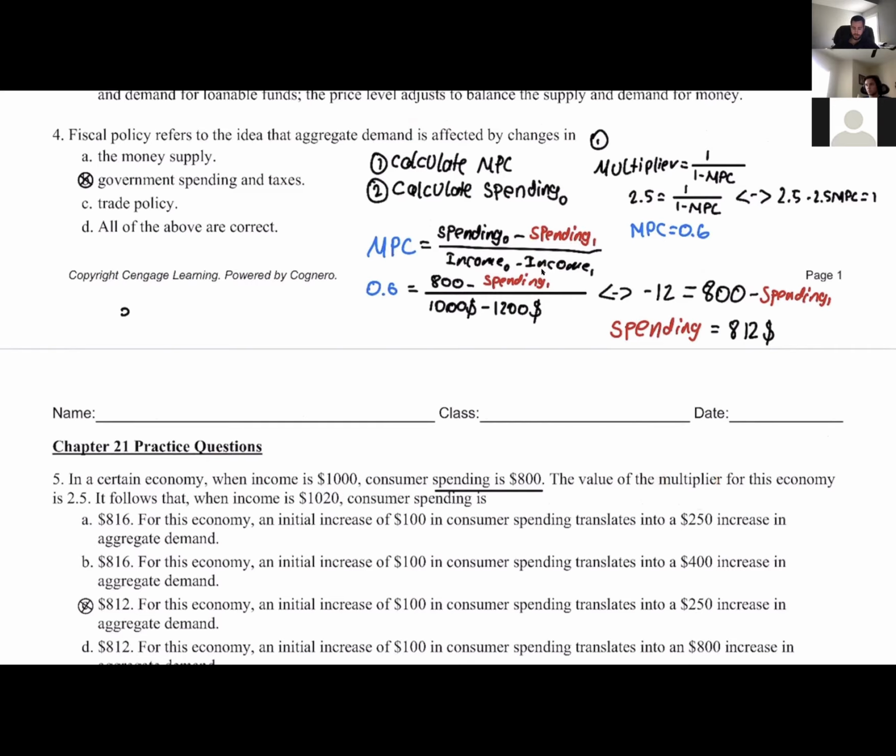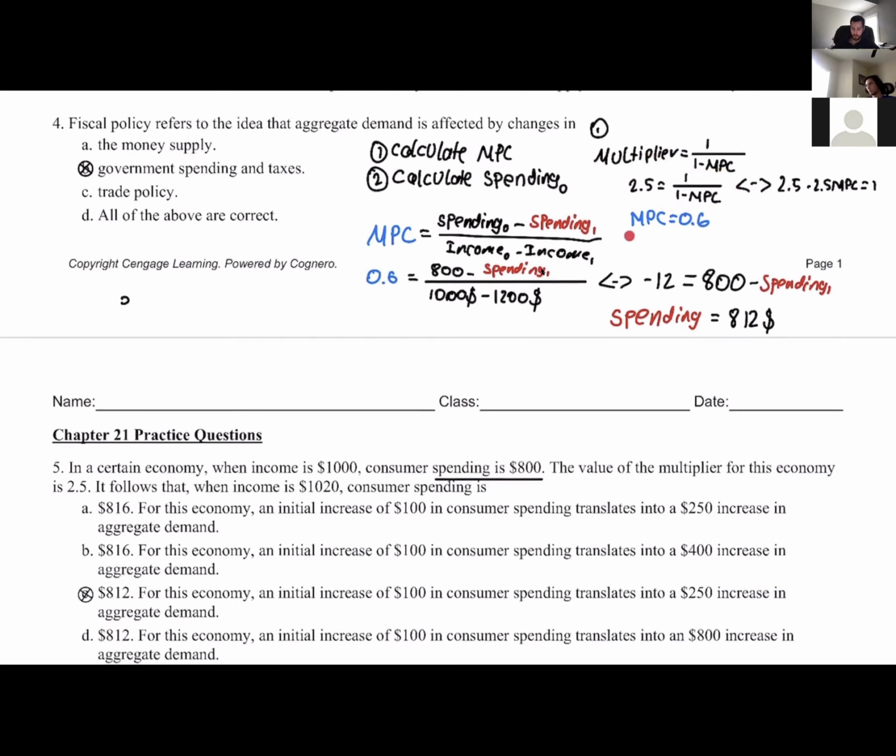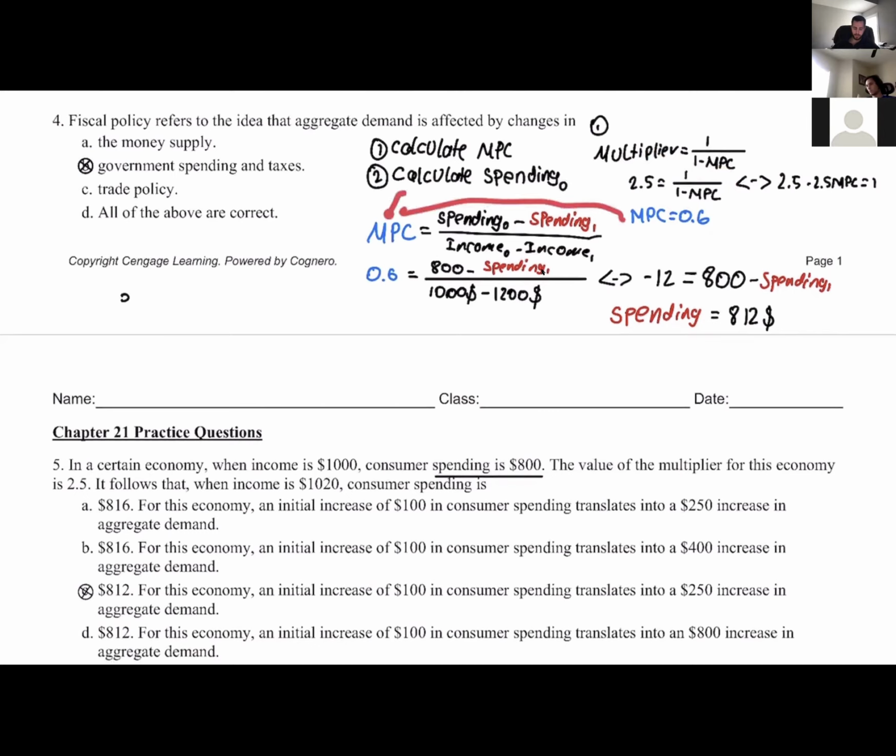So I'm taking the multiplier equals 1 divided by 1 minus the marginal propensity to consume. When you solve this expression with one missing variable using simple algebra, you get the MPC of 0.6.